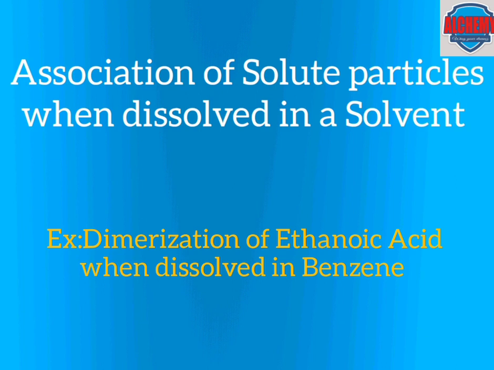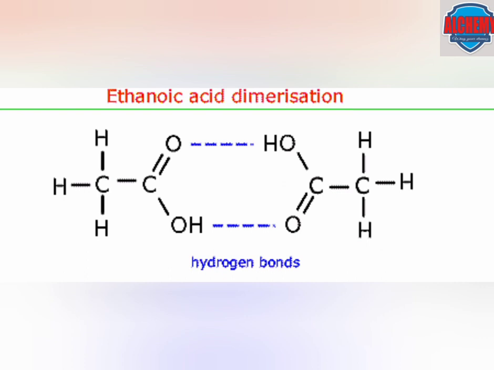Next we will discuss association of solute particles when dissolved in a solvent using the example of ethanoic acid dissolved in benzene. In this figure you can see that when ethanoic acid is dissolved in benzene, two molecules of ethanoic acid combine together with the help of hydrogen bonds to form a dimer.